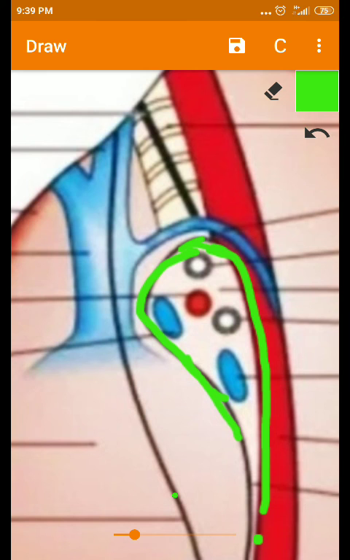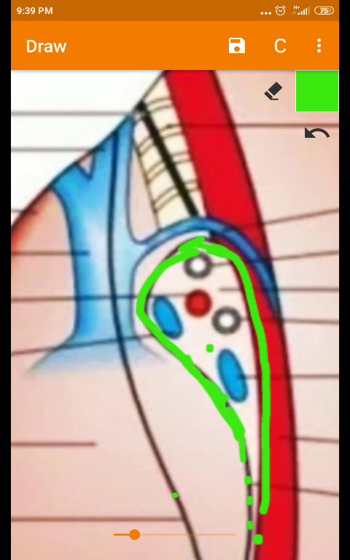Normally the root of the lung is a short, broad pedicle, which connects the medial surface of the lung to the mediastinum. It is formed by structures which either enter or come out of the lung at the hilum.